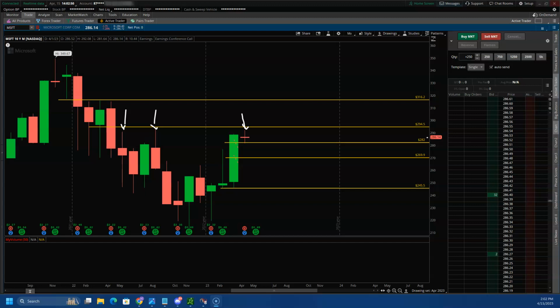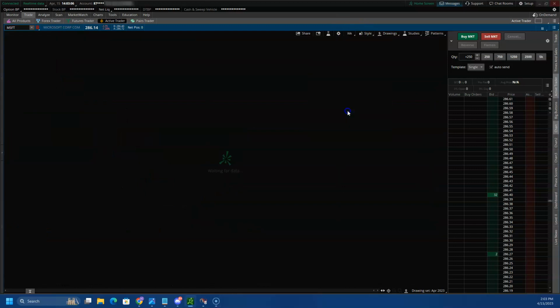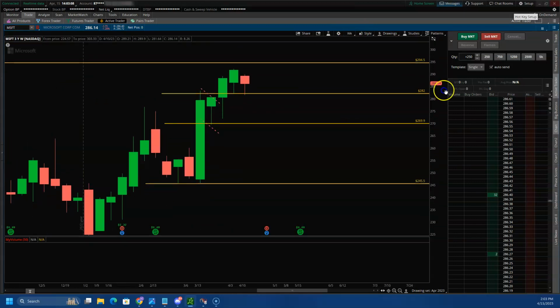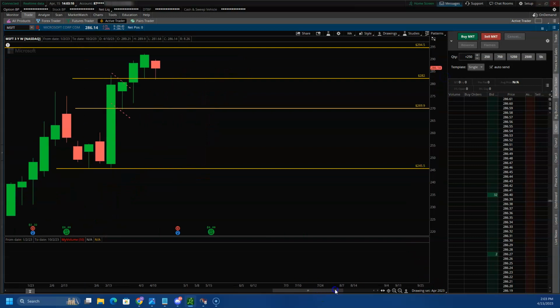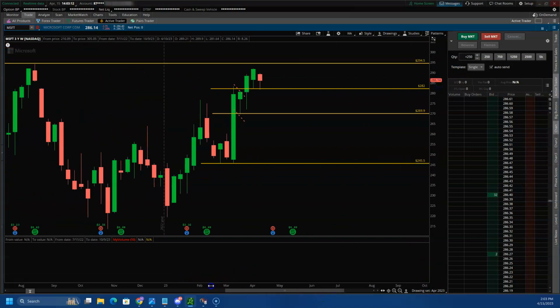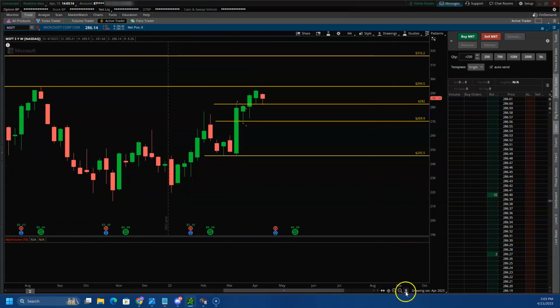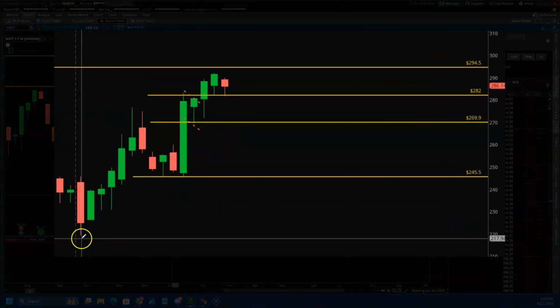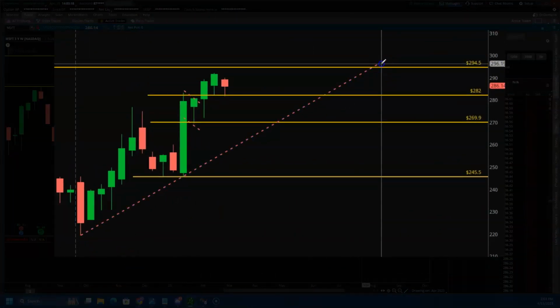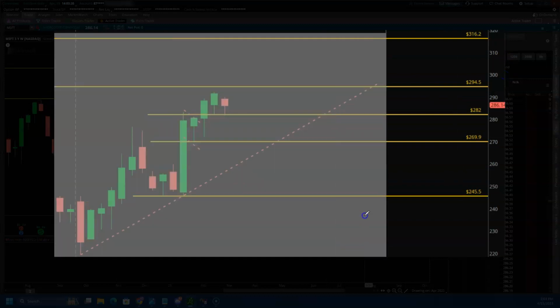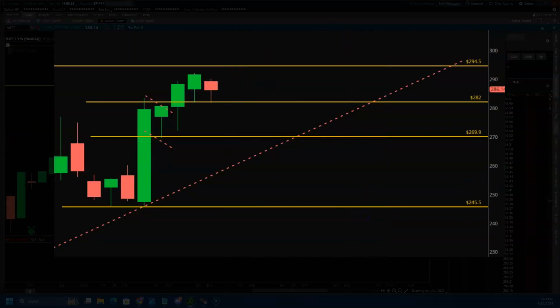But as long as we're above 282 on a short-term basis, intraday action remains strong. Here's the weekly view. We can actually make a trend line here too. Not a pretty one, but looks nice. If it breaks down and you're trying to swing this name, then definitely you want to have multiple things working in your favor.